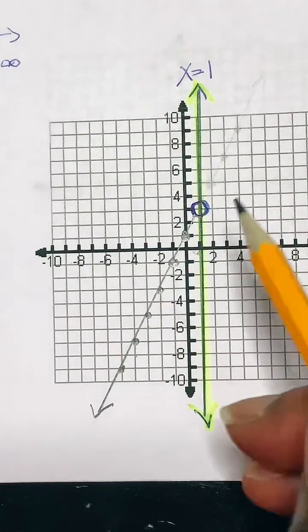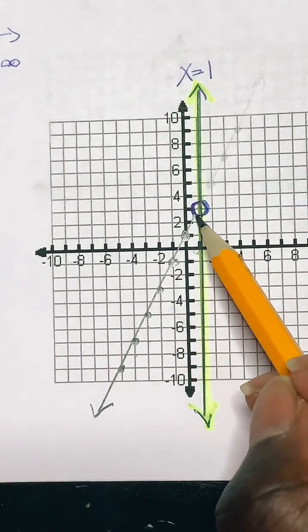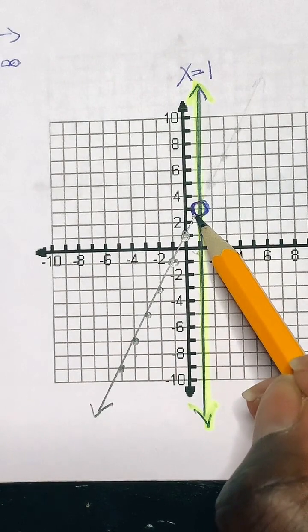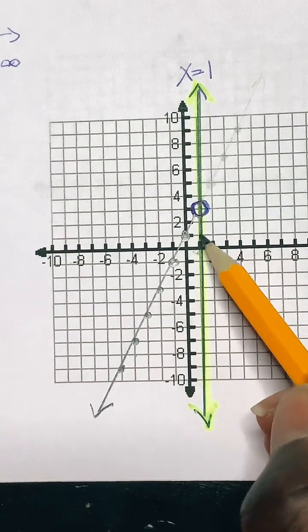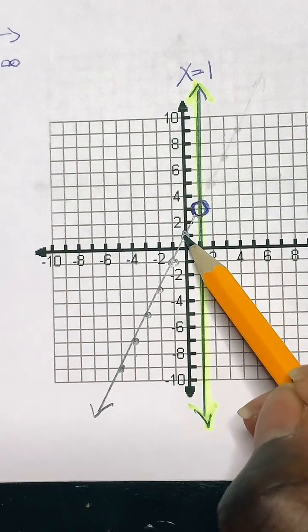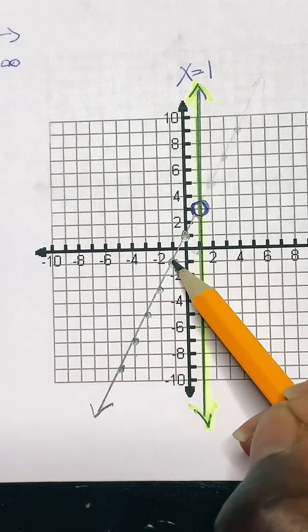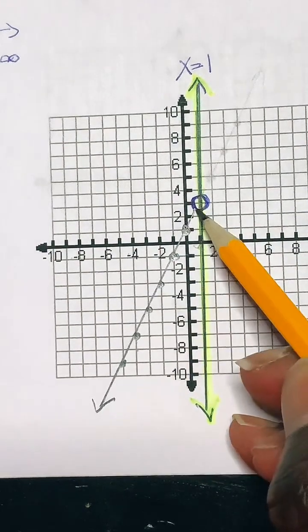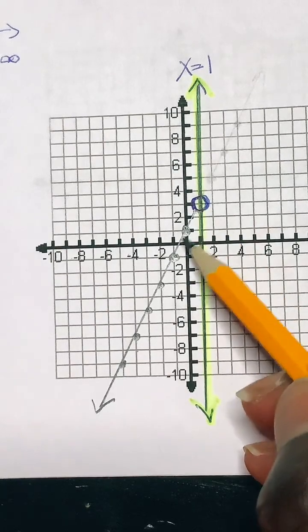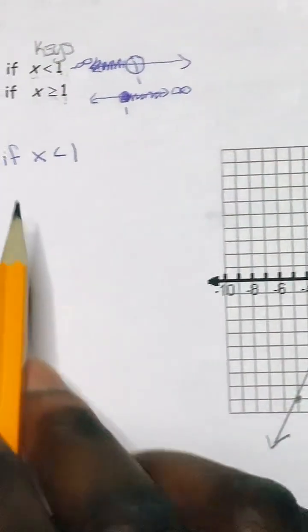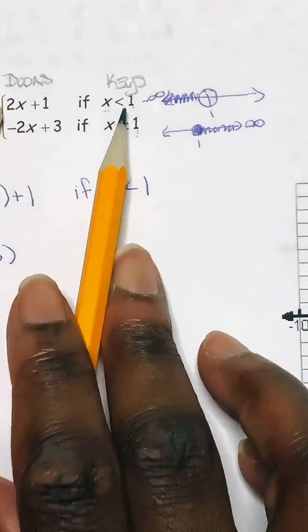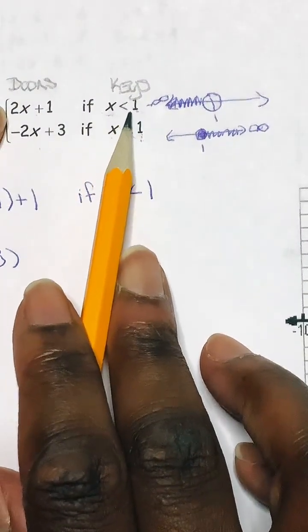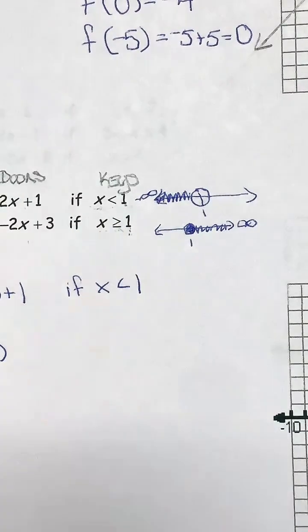Or you can think the opposite of the slope, which would be a -2 over a -1. So I would go down 2 over 1, down 2 over 1. Notice I still have a positive slope, but the way I'm counting is in reverse because we're only treating the left side of the graph.